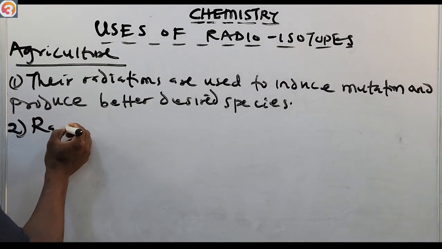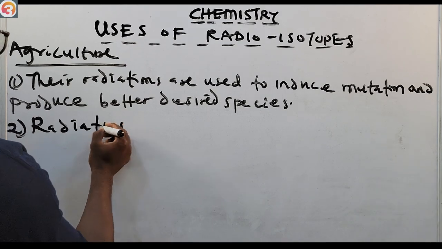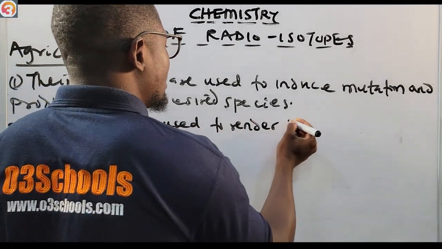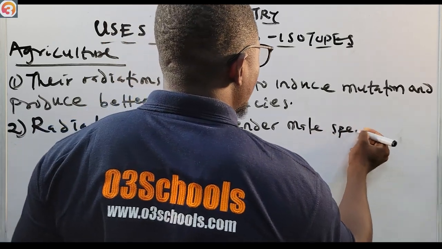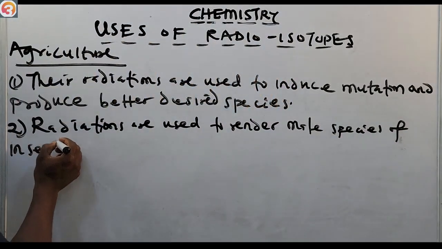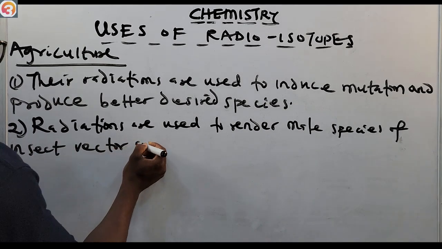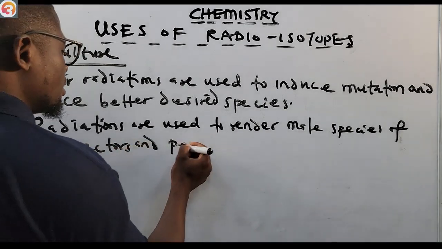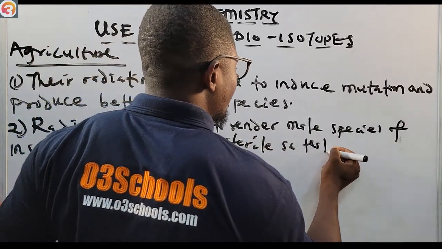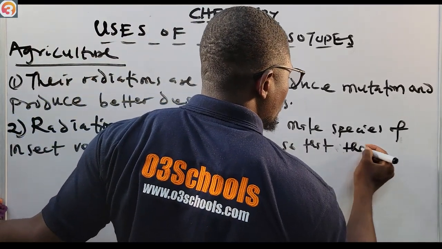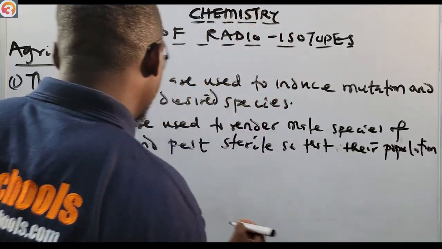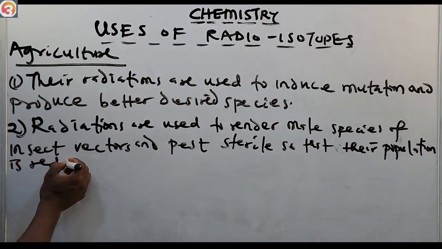Likewise, radiations are used to render male species of insect vectors and pests sterile, so that their population is reduced.